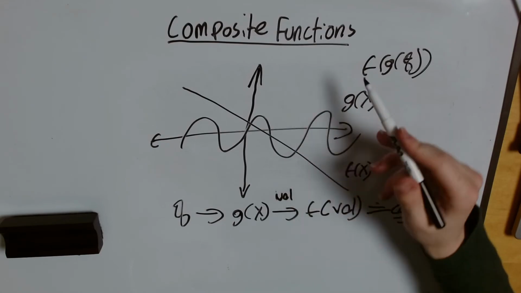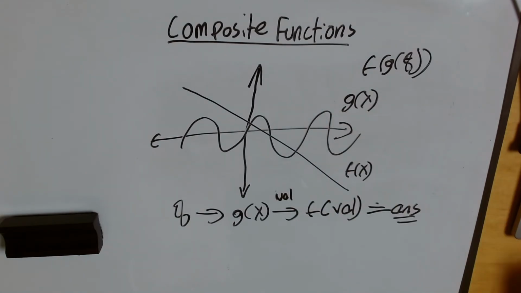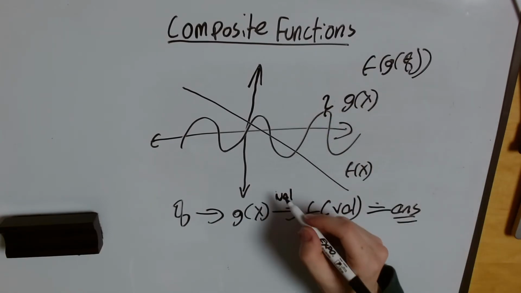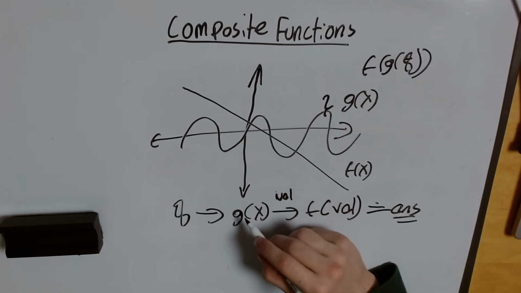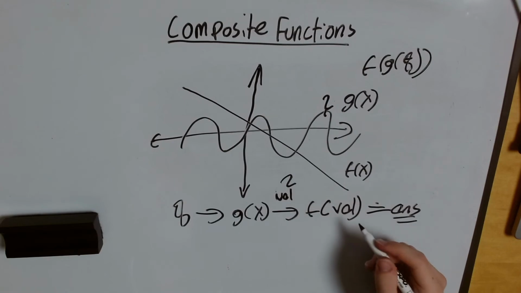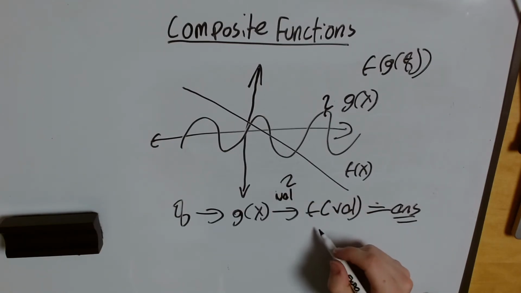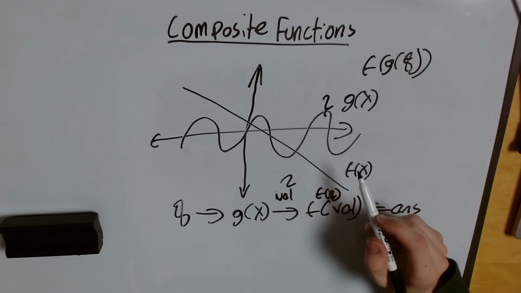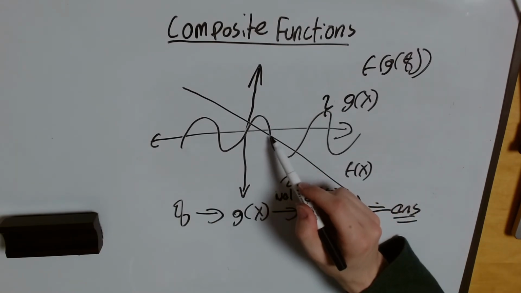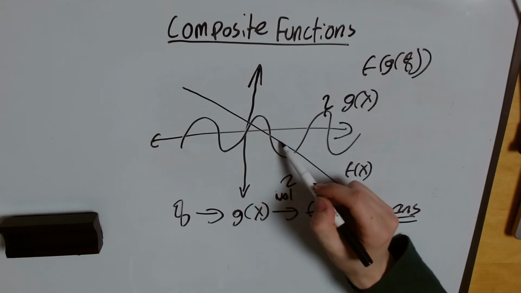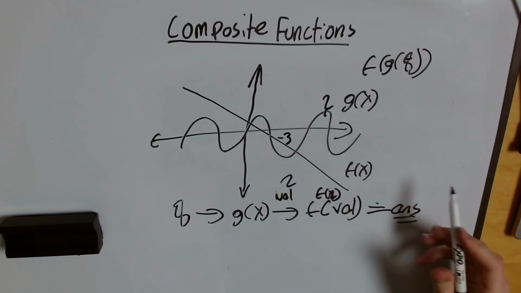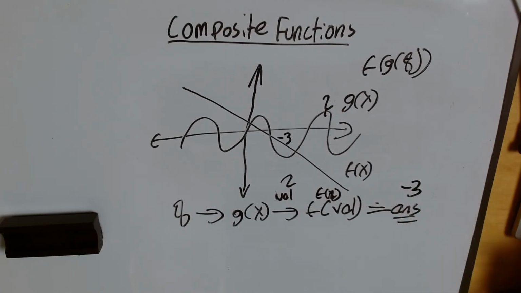So let's say I'm at 8 and I say, oh, it's 2, right? So my output, g of 8, is 2. Well, I'm going to take that 2 and I'm going to plug it into f. So I'm looking for f of 2. And so okay, where's f of 2? And I say, oh, well, that happens to be -3. Right? That means my answer then is -3.